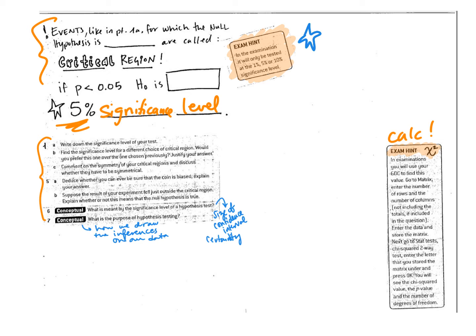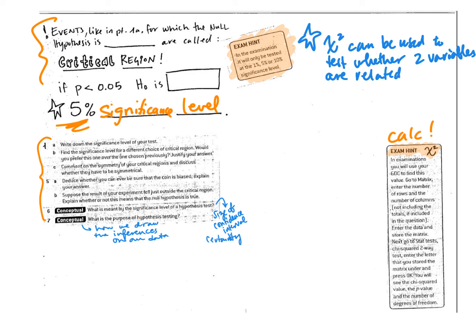Chi-squared can be used to test whether two variables are related or independent from one another.